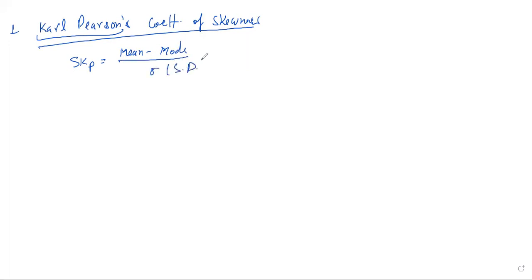Sometimes we write sigma, sometimes we write SD. So just check on the basis of these two methods, mean and mode, what we have. If SKP is equal to 0, mean is equal to mode. When these two lie on a single point, then our data is symmetric.